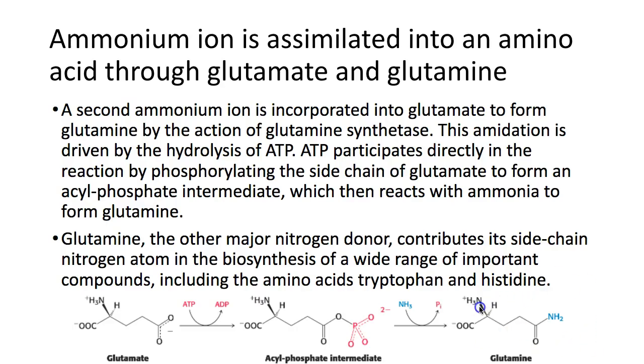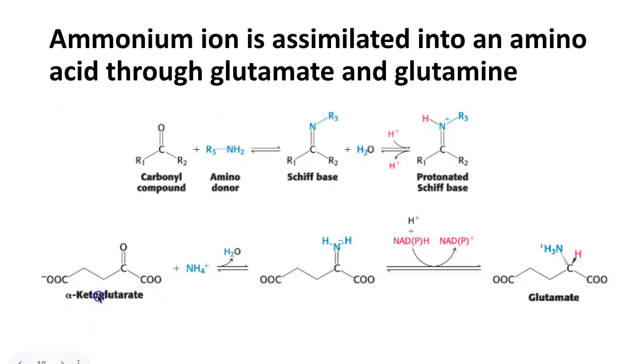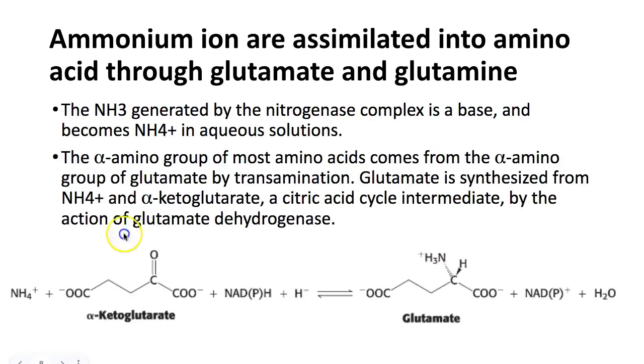And so our source of nitrogen donor is coming from glutamine and from glutamate. So we just went over how glutamate is made, which is that reaction of ammonium ion with alpha ketoglutarate, and you have to have that NADPH.